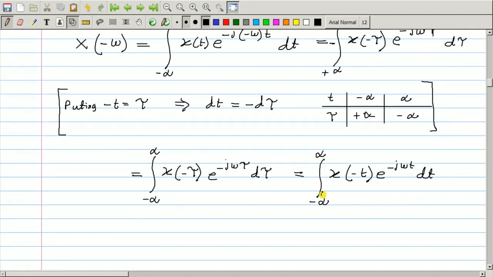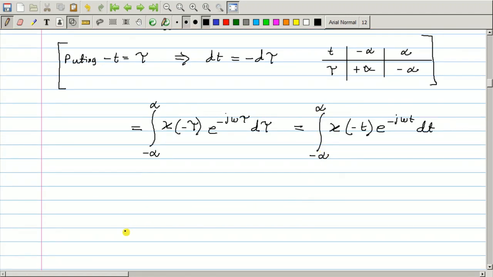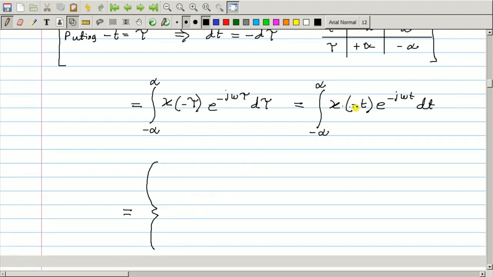Okay, and now this will be equal to, there are two possible cases. Number one, if x(t) is even, then x(minus t) is same as x(plus t), so it becomes the integral of x(t) e to the power minus jωt dt from minus infinity to plus infinity. If x is even, and if it is odd, then x(minus t) is same as minus of x(t), so put a minus sign here.